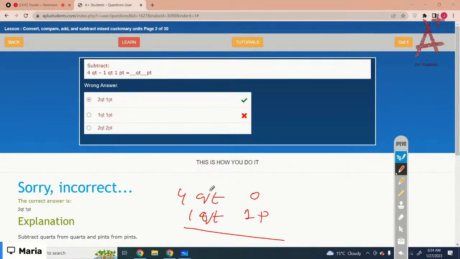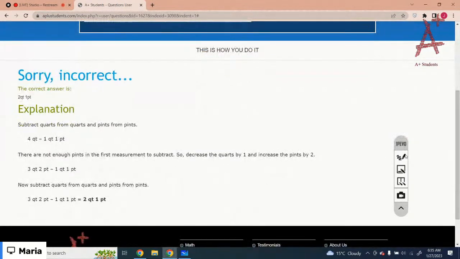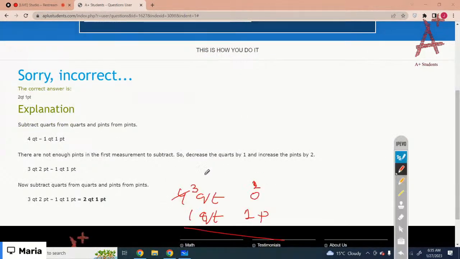So you cannot take 1 from 0 pints, you have to borrow 1. 1 quart equals 2 pints. So we divide 4 quarts into 3 quarts and 2 pints. So 2 take away 1 is 1 and it would be 3. Okay, 2 quarts, 1 pint it is.